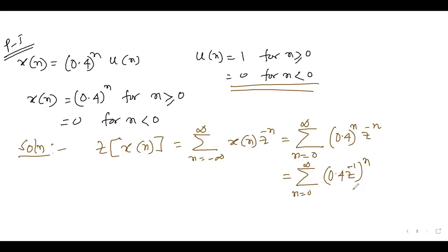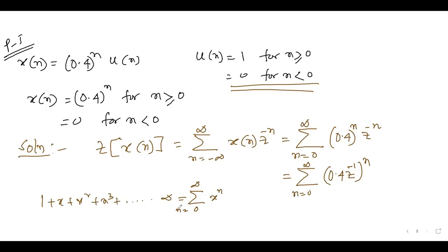We know the formula. Let me write it again: 1 plus x plus x square plus x cube up to infinity is basically the summation from n equal to 0 to infinity of x to the power n.